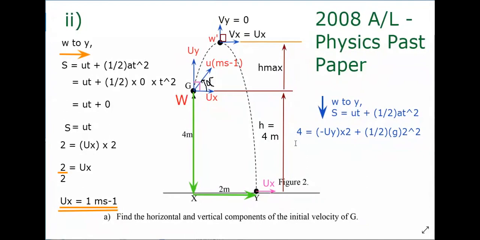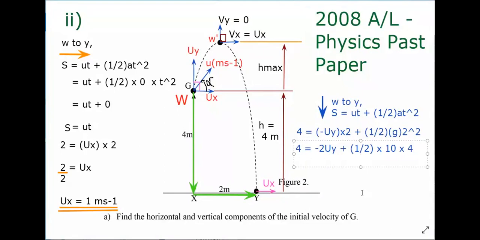Right, so let's try to solve this. 4 equals minus 2 into Uy, which is minus 2Uy, plus half into simple g, which is 10, into 2 square, which is 4. Square of 2 is 4.